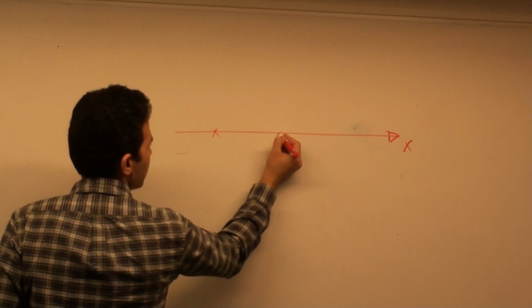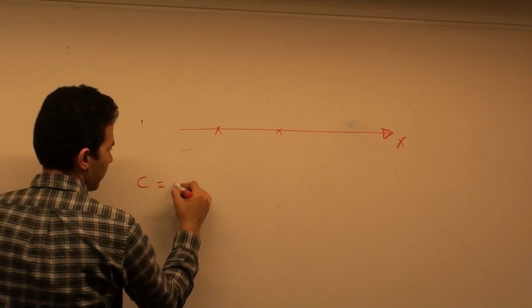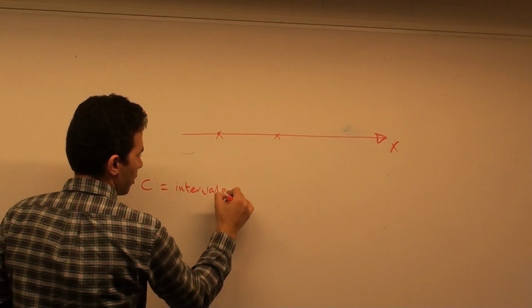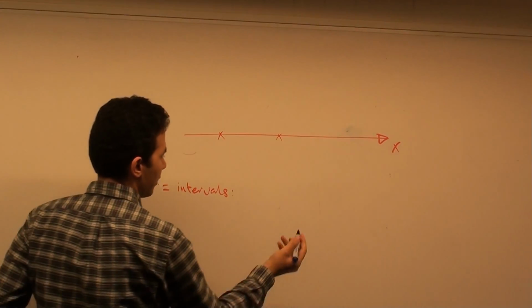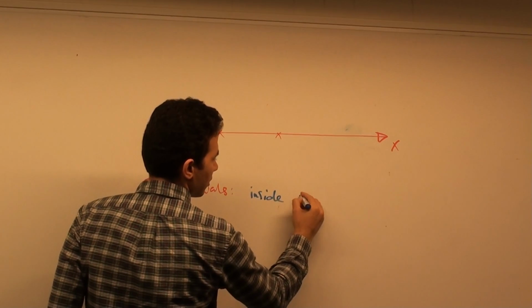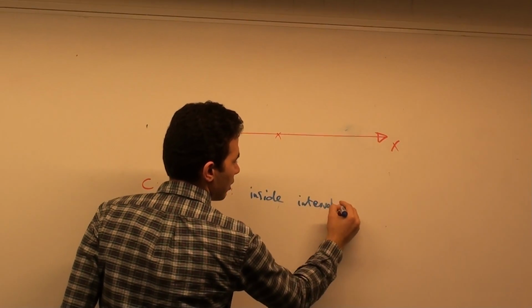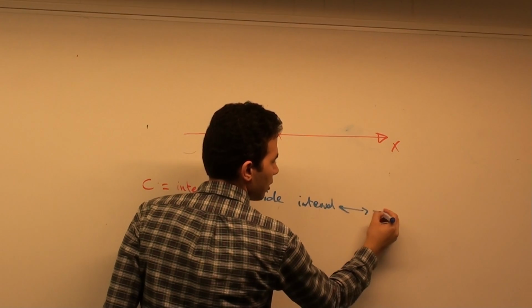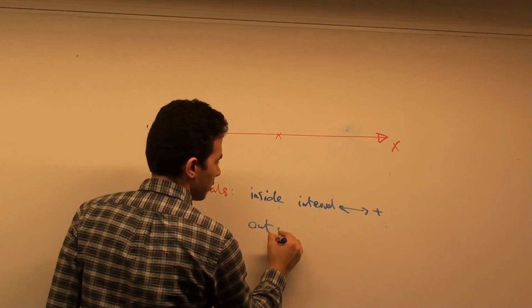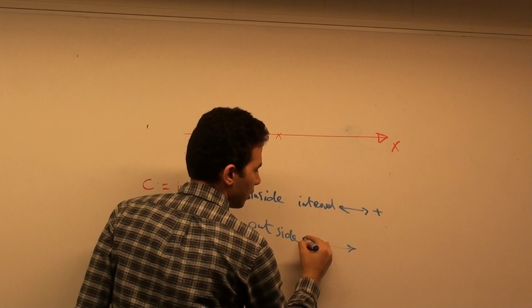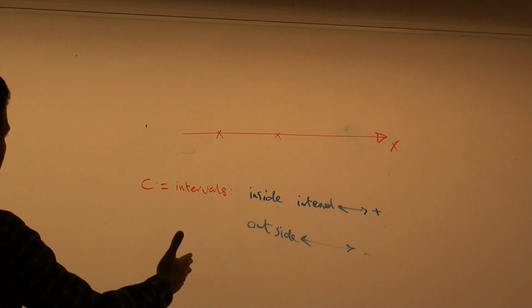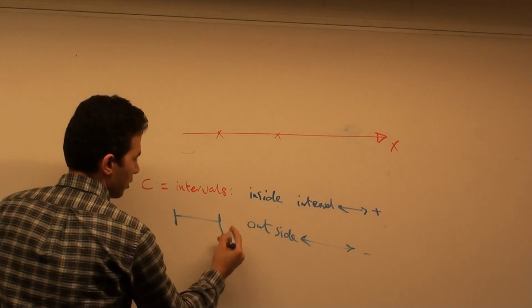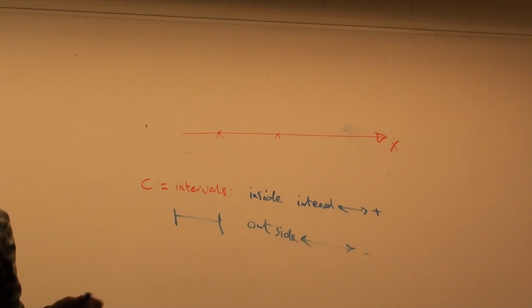Just consider that this is my 2 points, and H is intervals. We can say that everything inside the interval is positive, and outside is negative. So this is my concept. You can change the size of this interval, and it can be open or closed.